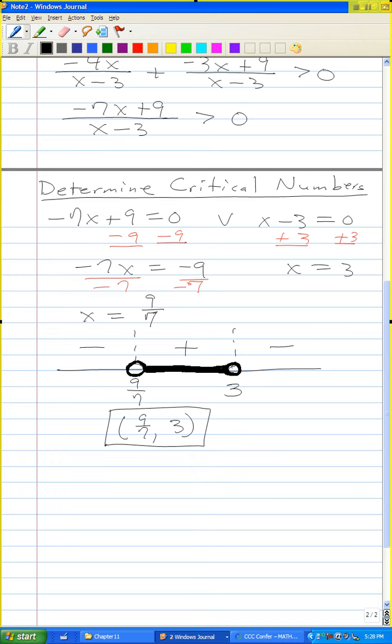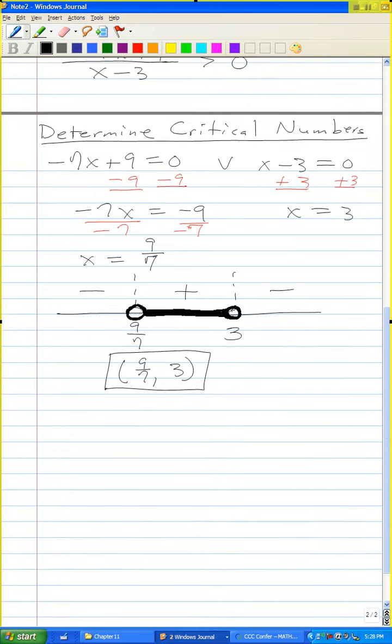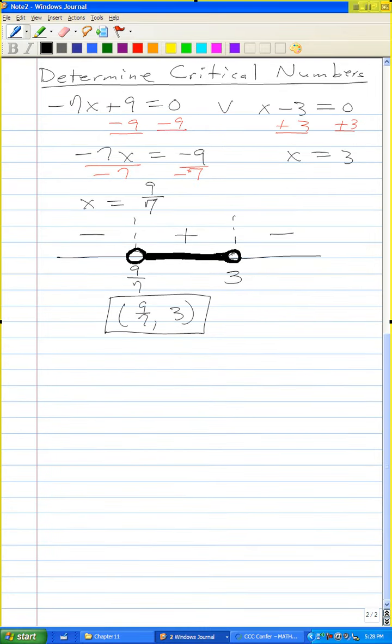Let me do problem number 11. Three over 2x plus 5 greater than or equal to 2 over x minus 3. So again, this is not in standard form yet.